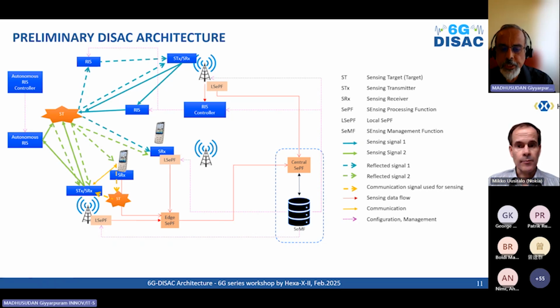Okay, the sensing processing function is meant to be distributed, so it's not just at the core. It could happen locally or at the edge, and of course, the fusion will typically happen in the core. The sensing management function, as far as the current work suggests, would be in the core. For the moment, we are not planning on distributing it.